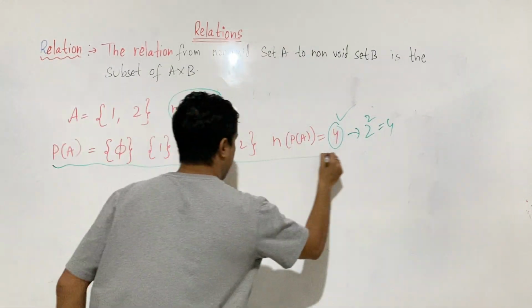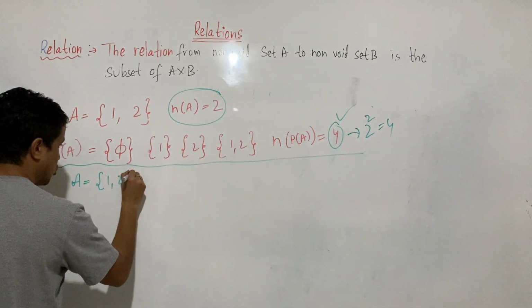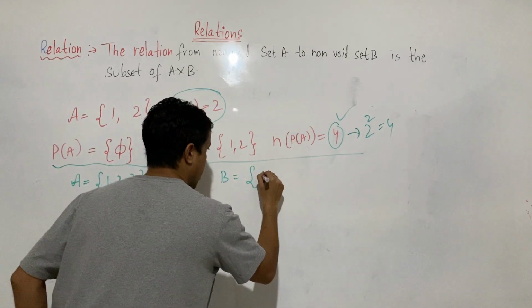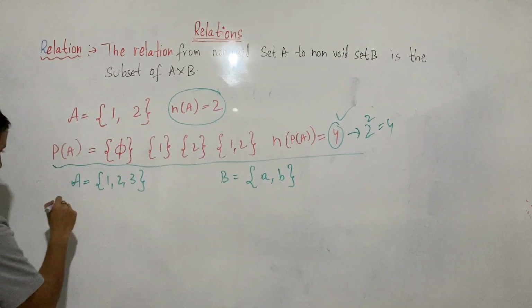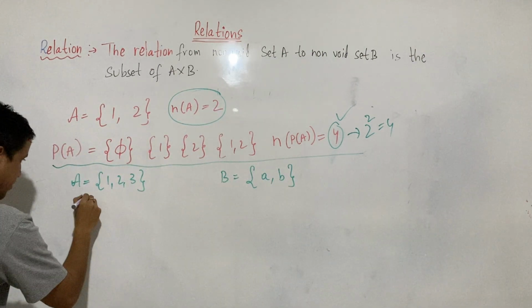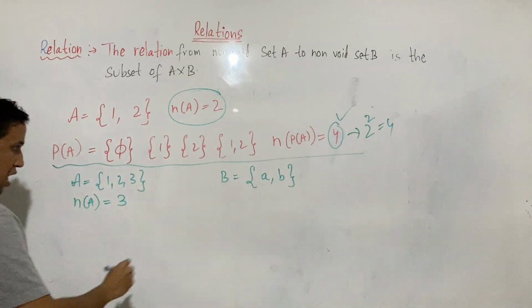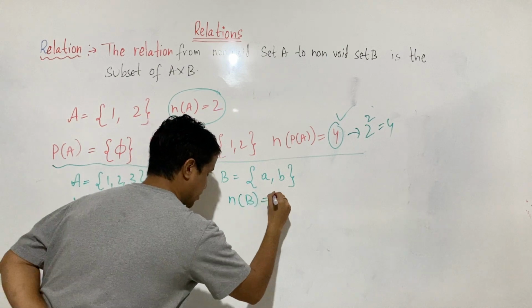What I'm trying to say is, let's say I'm given two sets, A is 1, 2, 3, and B is a, b. Here n of A, the number of elements, is 3, and in set B it is 2.